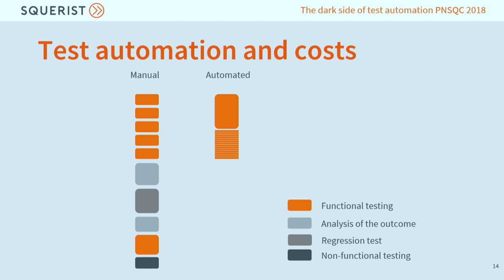And adding more test cases is then really easy. Yes, by the way, analyzing the outcome here, these two are about the same size, but this can sometimes be even bigger than here because you get a lot of information to analyze. But you can use tools to analyze this outcome. And the regression test, of course, takes a little time.